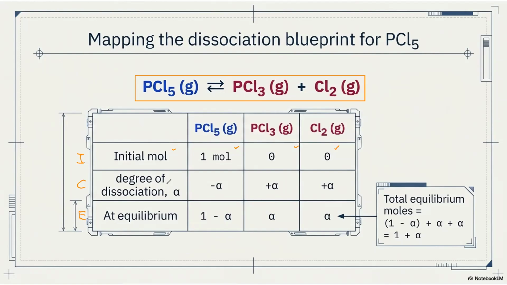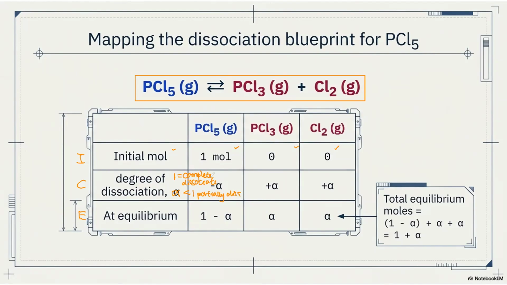The degree of dissociation here is alpha, which means how much is dissociated. If it completely dissociates, your degree is equal to 1. Usually in a chemical equilibrium you don't have 1, you have less than 1, so it is going to be partially dissociated.